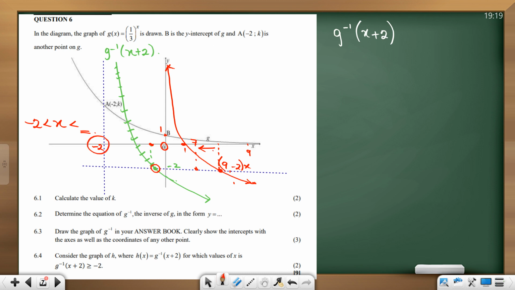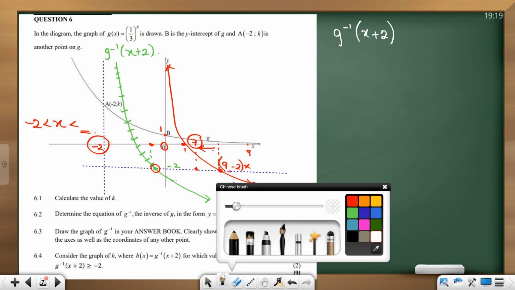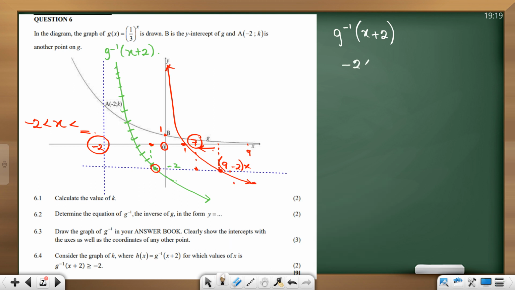It's now between negative 2 and what? 7. We are done there. Negative 2 less than x less than what? 7. That makes sense, guys. Please, if you don't put that negative 2, where is it? Okay, equal to what?